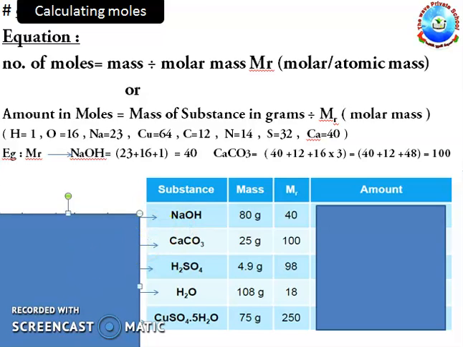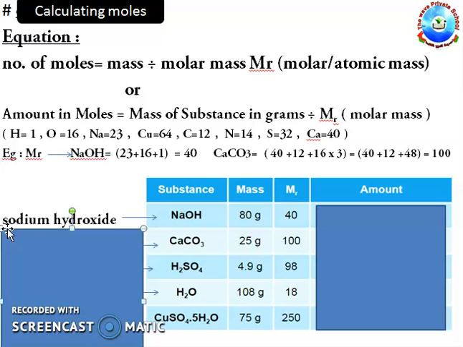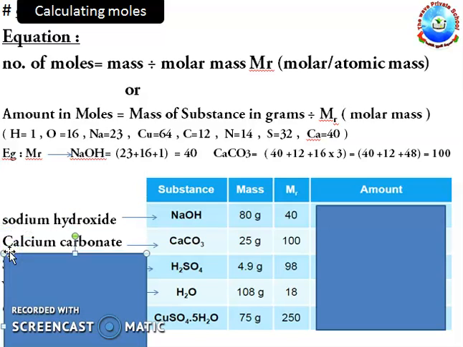NaOH is sodium hydroxide. Very good. What is CaCO3? Ca is calcium, CO3 is carbonate. So it is calcium carbonate. Yes, very good.